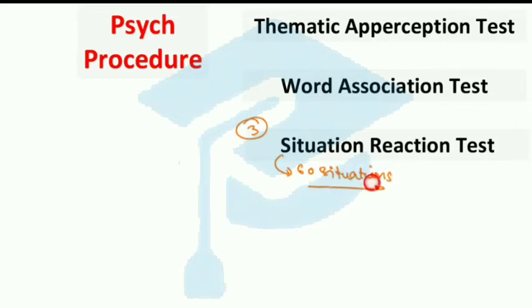And unlike TAT and word association test, wherein the time was given for one object, in TAT you were given 4 minutes exclusively per picture, in word association test you were exclusively given 15 seconds per word. In this SRT, you will be given 30 minutes for 60 situations.